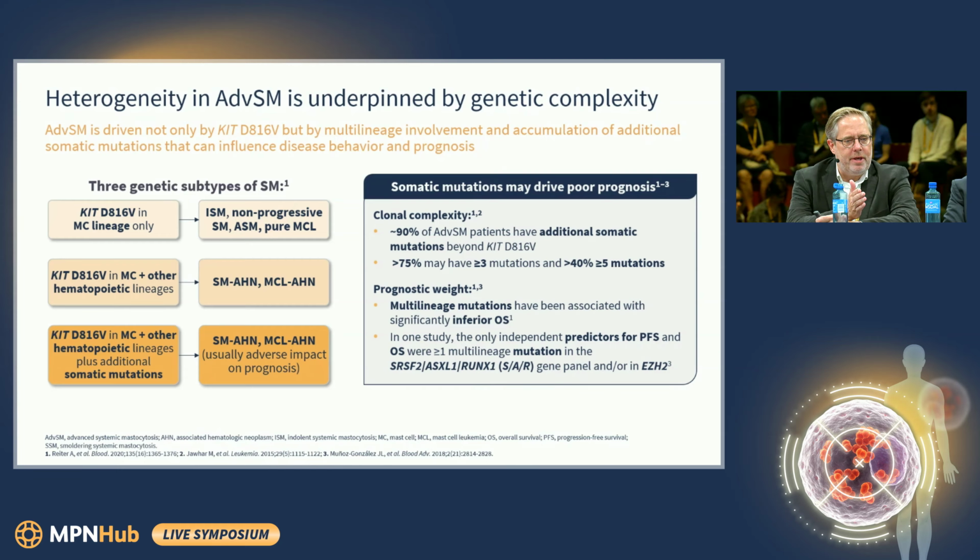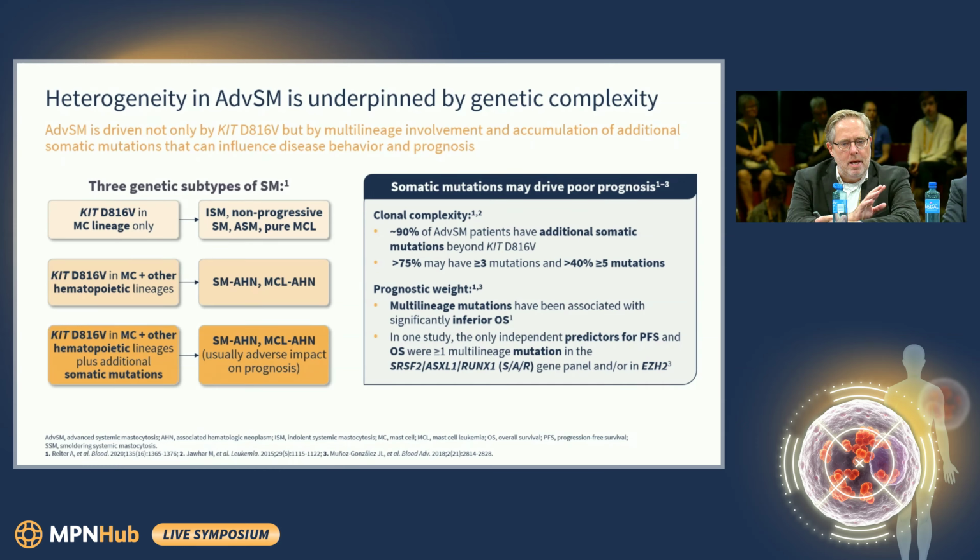And therefore, they called the disease at that time SM with associated whatever they saw: CMML or MDS or MDS-MPN. It sounds complicated, but the genetic basis is, at the first level, that KIT can be present in mast cells or also in other myeloid lineages.